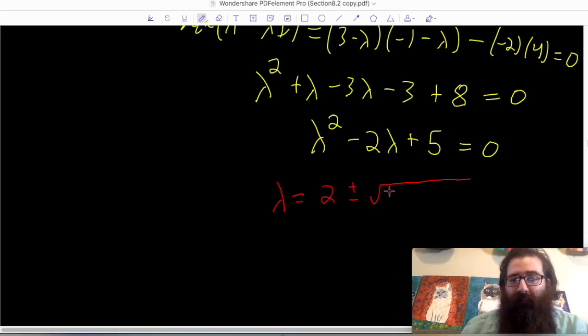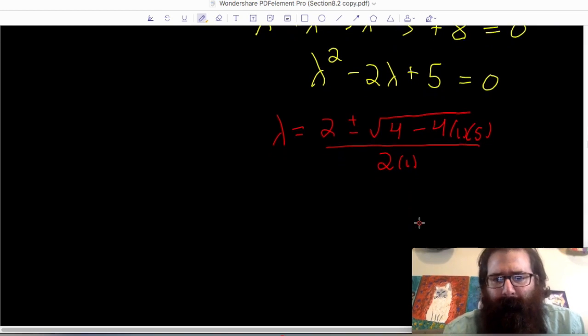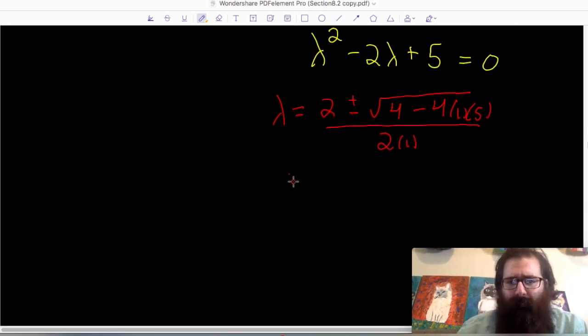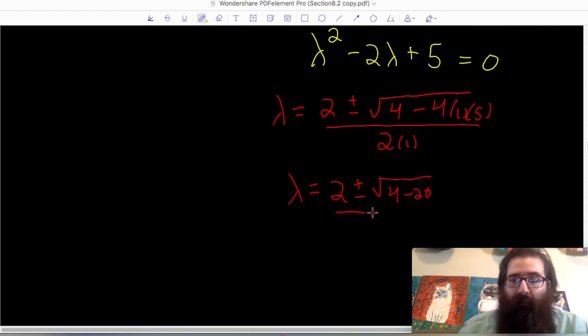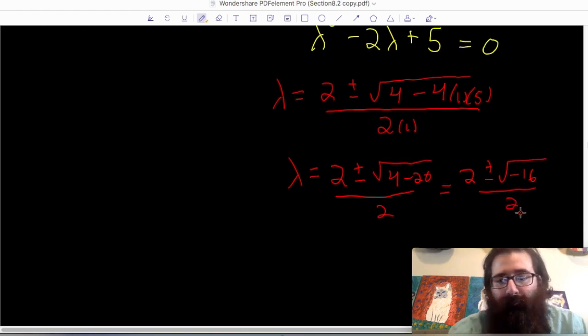Now if I square -2 gives me 4, minus 4 times a times c, so that's 4 times 1 times 5, all over 2 times a, so all over 2 times 1. That's going to give me lambda equals 2 plus or minus square root of 4 minus 20 all over 2, or that's 2 plus or minus the square root of -16 all over 2.